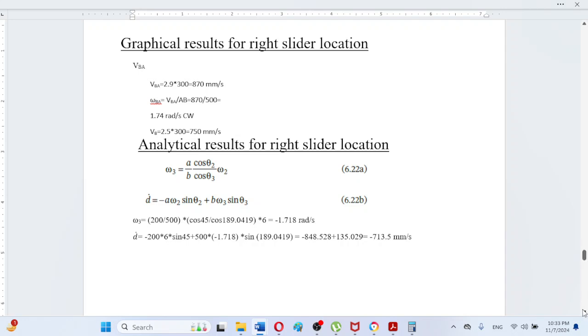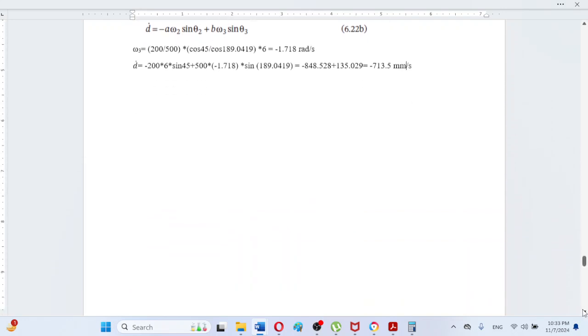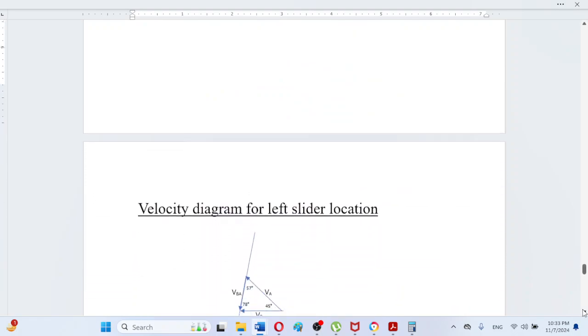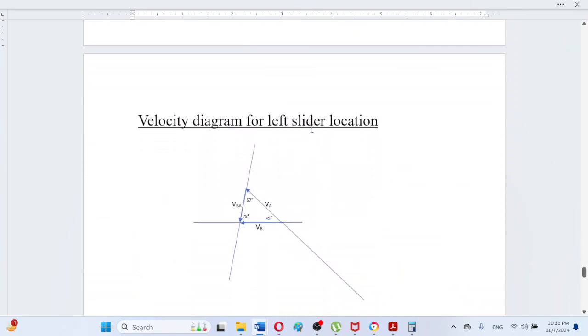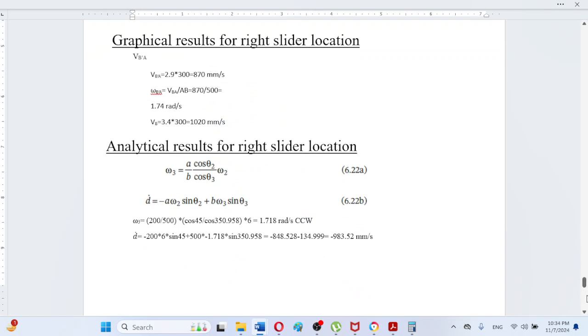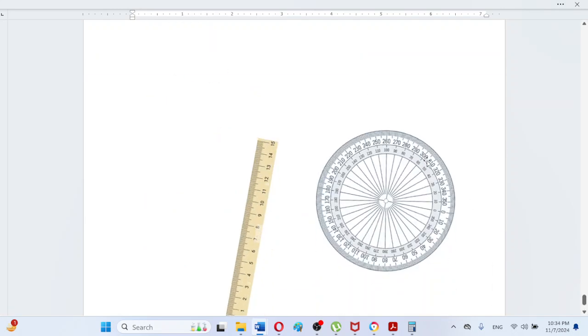In a similar manner, if we move toward the next page, the velocity diagram for the left hand slider, this has been optionally drawn. So in a similar manner, these extended lines have been used just to measure the angles, so that these lines actually cross or meet the graduation marks on the protractors.